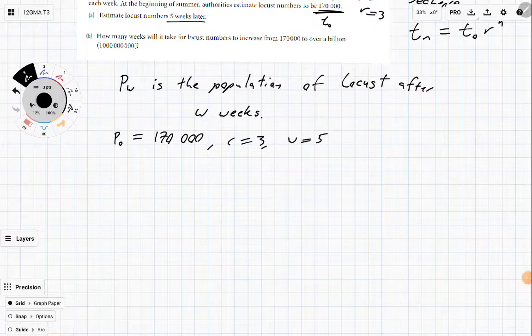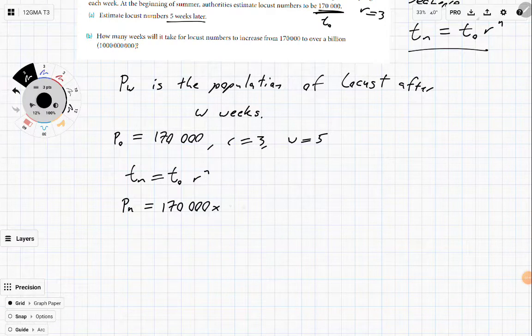So using our formula, we've got Tn equals T0 R to the N. Well, we're going to get Pn is equal to 170,000 times 3 to the W, because we're now using W as our counter. And we're looking for W equals 5, so P5 is equal to 170,000 times 3 to the power of 5.